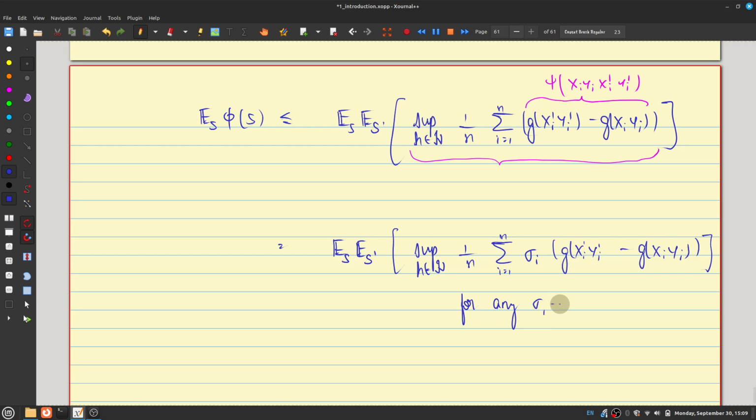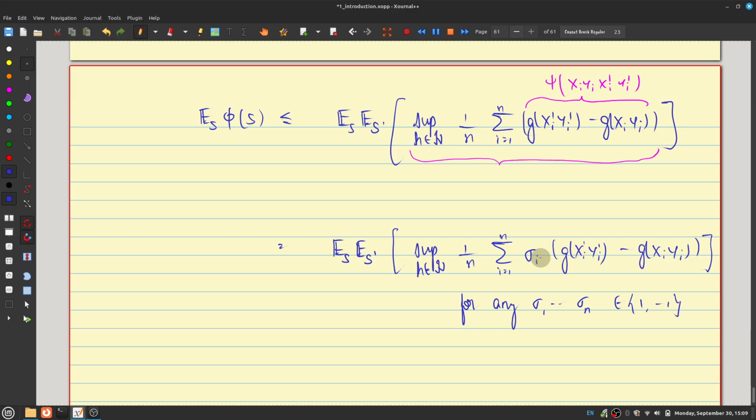for any sigma 1 through sigma n, which are either plus 1 or minus 1. The reason why this supremum doesn't change whether I have sigma i to be +1 or -1 is because if it is a -1, then I can just swap the roles of xi yi with xi prime yi prime, right?